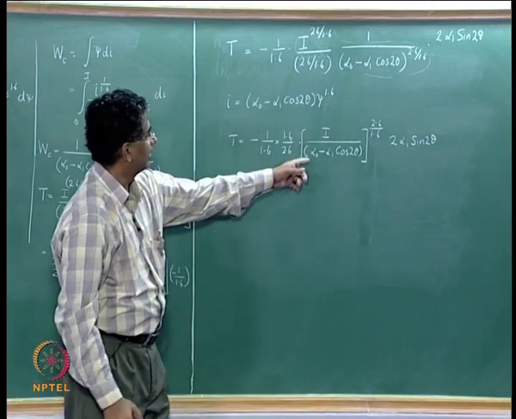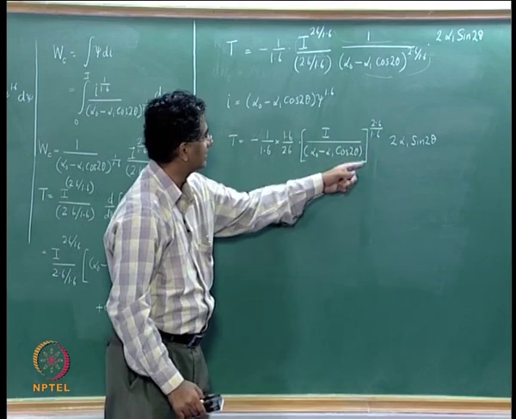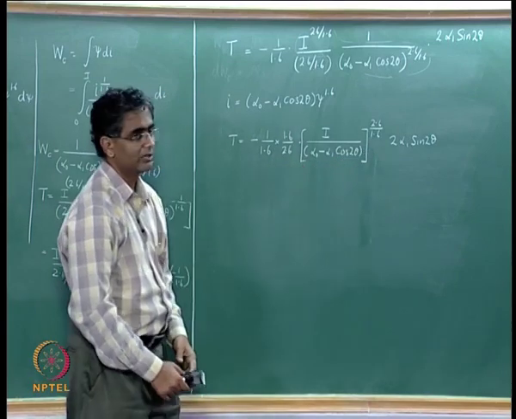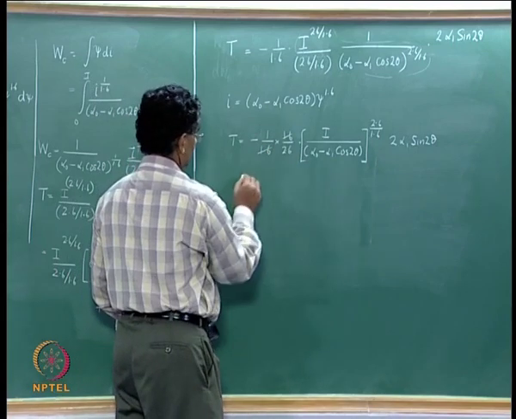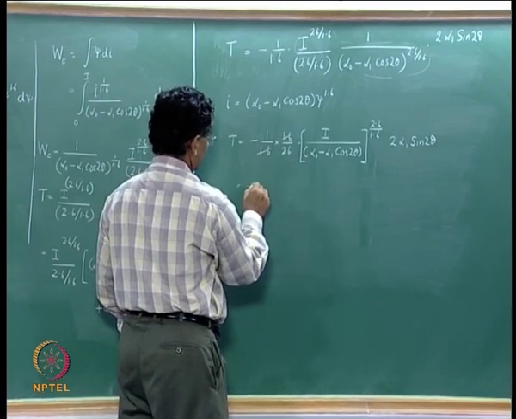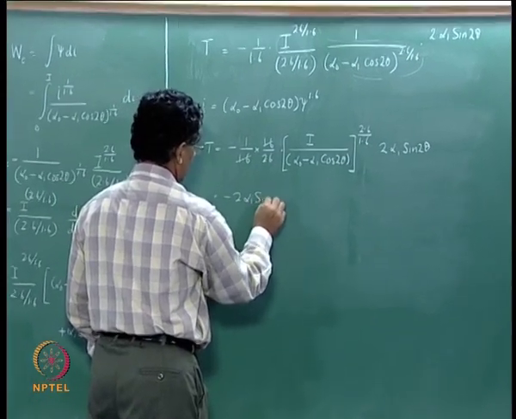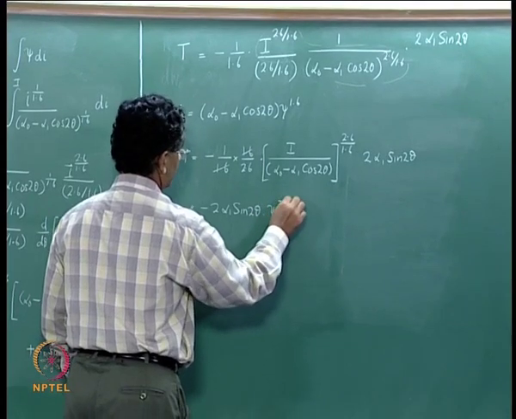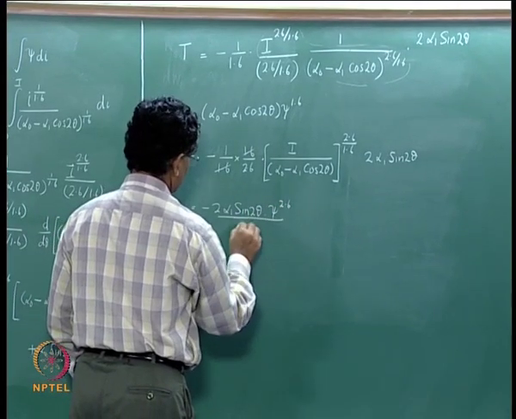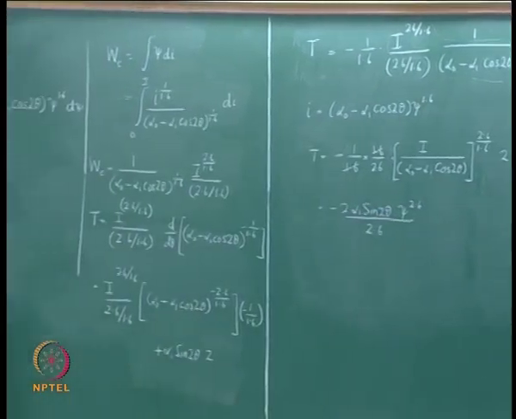If you now compare these two expressions, what is written inside here is nothing but psi to the power of 2.6, and this cancels out. So, what you have is minus 2 times alpha 1 sine 2 theta multiplied by psi to the power of 2.6 divided by 2.6.